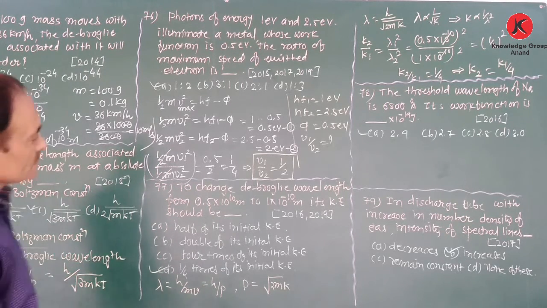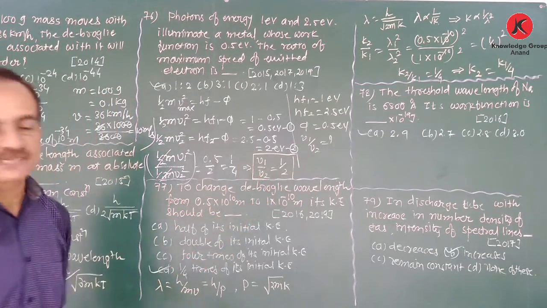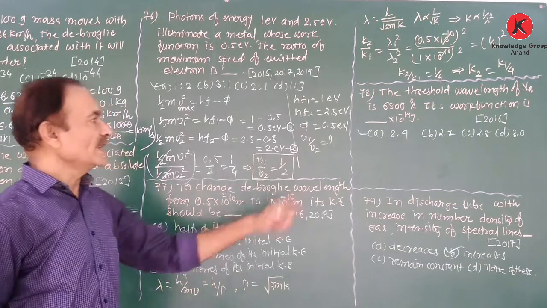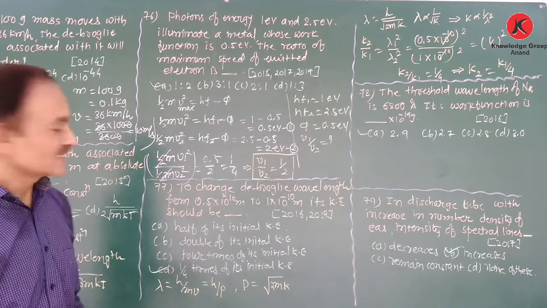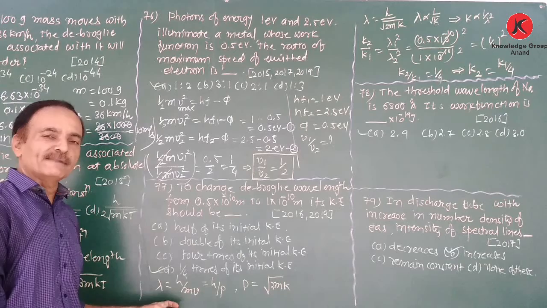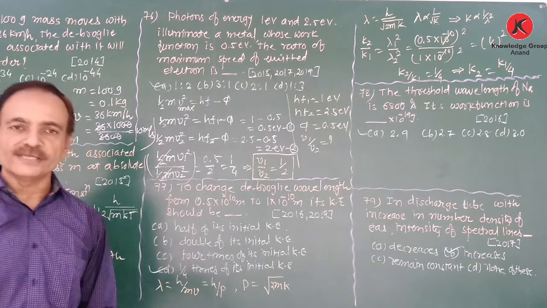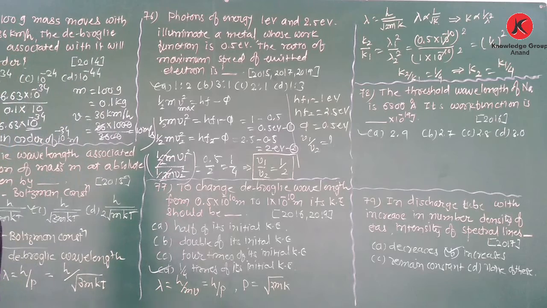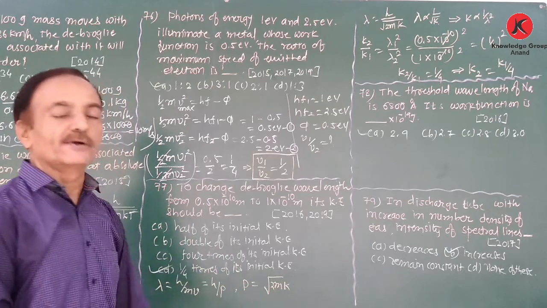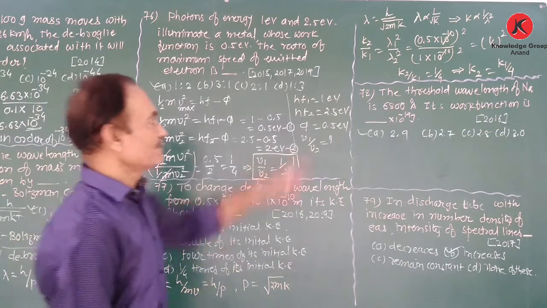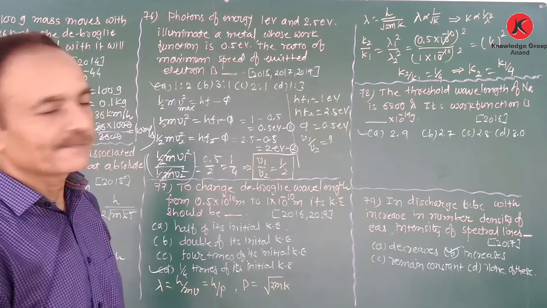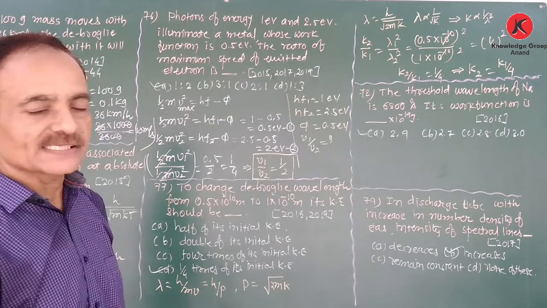Again, the de Broglie wavelength changes from 0.5 into 10 to the power minus 10 meter to 1 into 10 to the power minus 10 meter. Its kinetic energy should be... we know that the de Broglie wavelength lambda is equal to h upon p, and p is equal to under root of 2mK. Substitute here: lambda is equal to h upon under root of 2mK. Here the particle is the same, that means the electron.